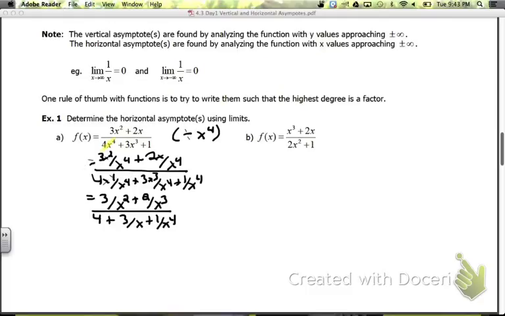Pardon me for that little mistake. We're supposed to be looking at the limit as x approaches infinity. So as x approaches infinity, we're looking at our function here. And what we get then, make sure that my equal signs are in the right place as well.